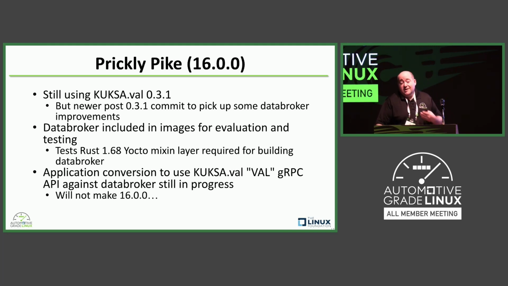And it gives me something to work against because I'm doing the conversion of apps, which I'll go into a little more detail on. The goal had been for Pike to get the apps all converted to using the gRPC API against the data broker, and we would just drop the older C++ server.